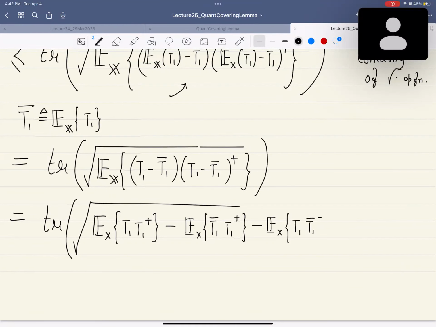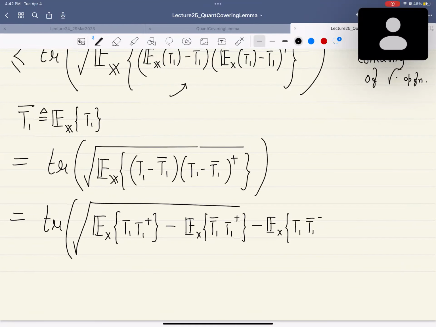So I claim the following. This is equal to expectation of X. The first term is the hardest term; the rest are not that bad.